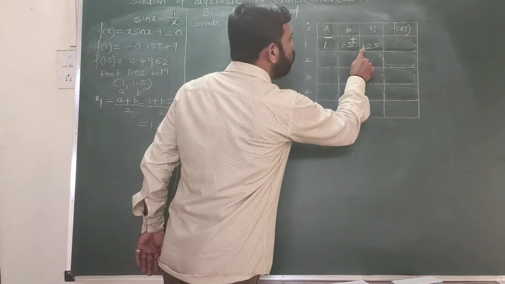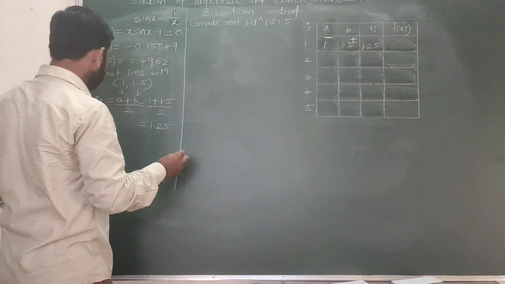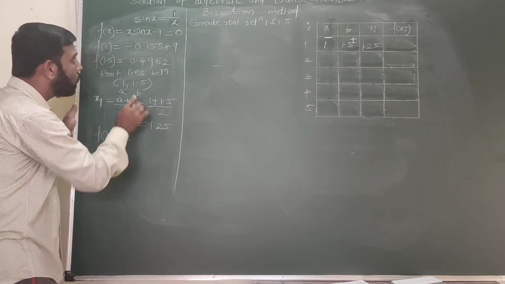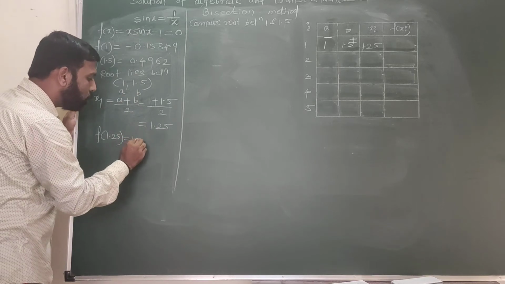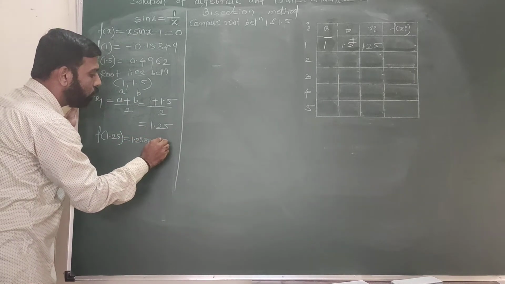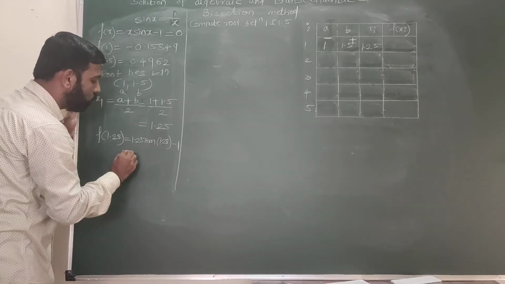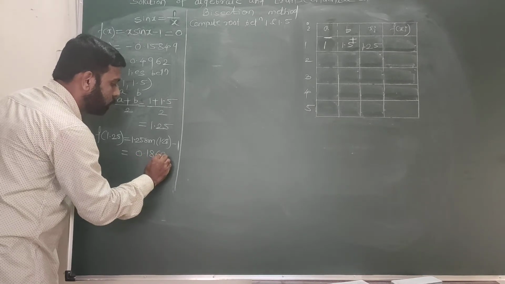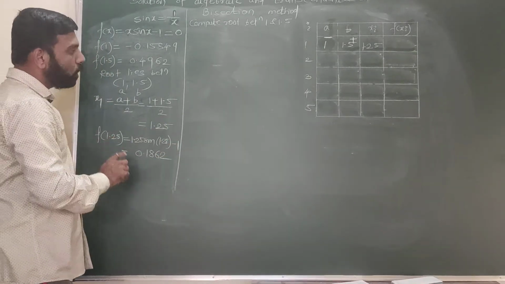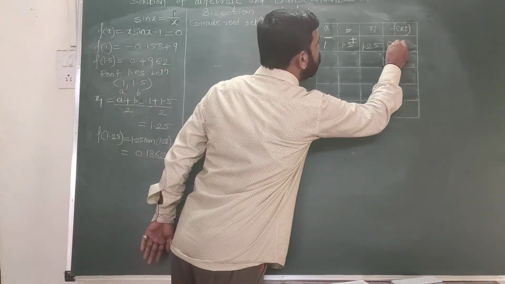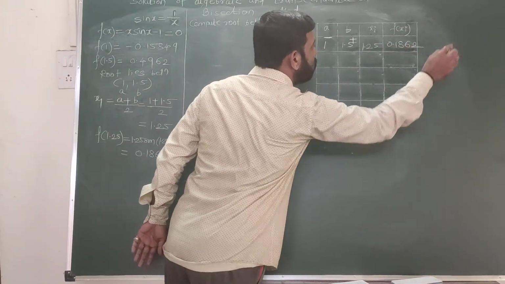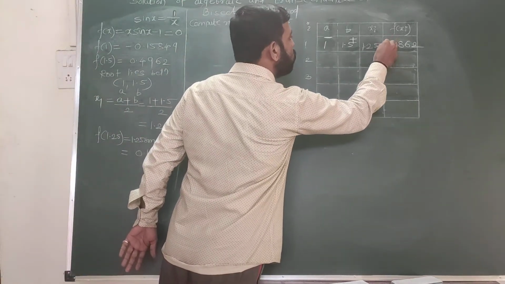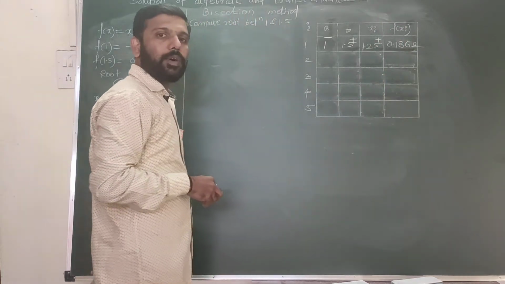Next we require the symbol for 1.25. Substitute 1.25 in the given polynomial, 1.25 sin of 1.25 minus 1, and the output is 0.1862. The symbol is positive, so we give a plus sign for 1.25.